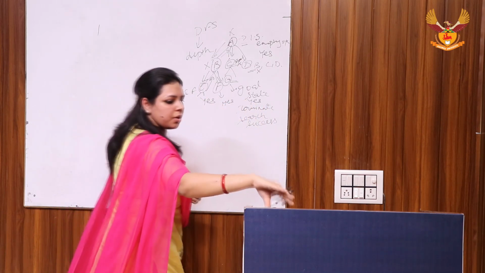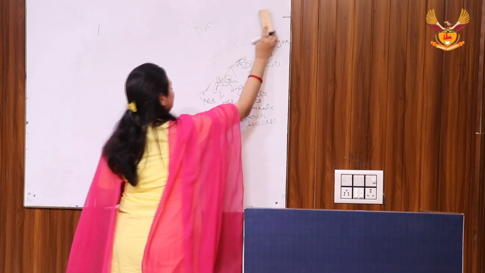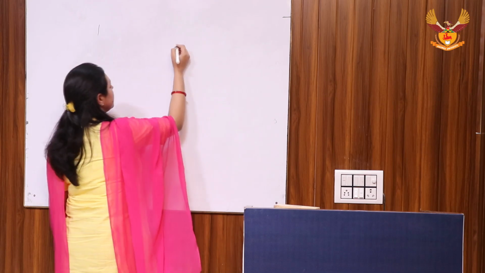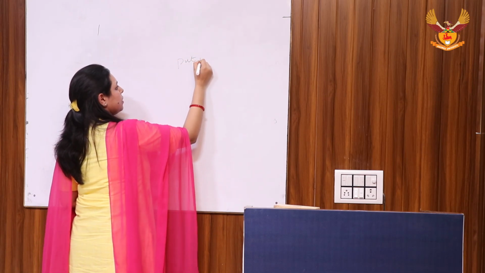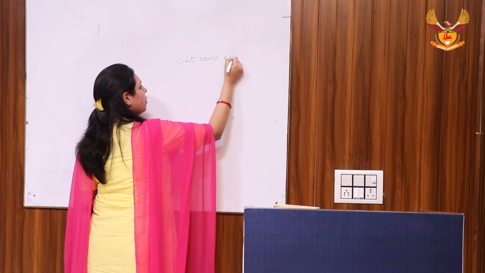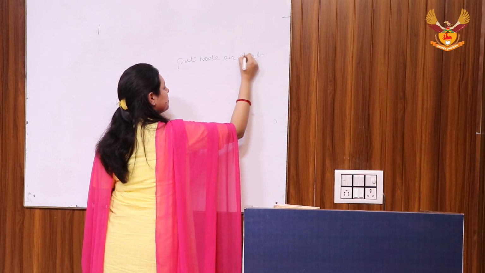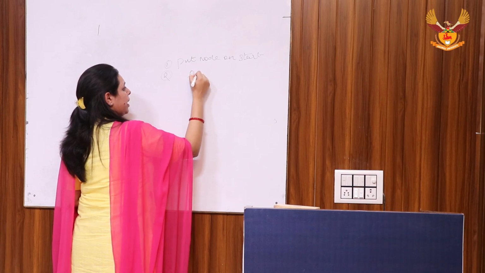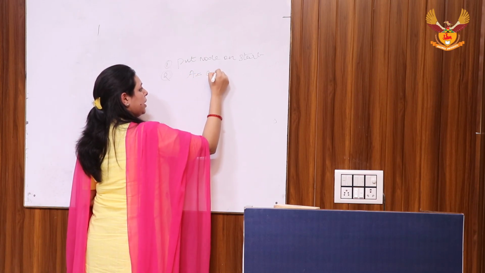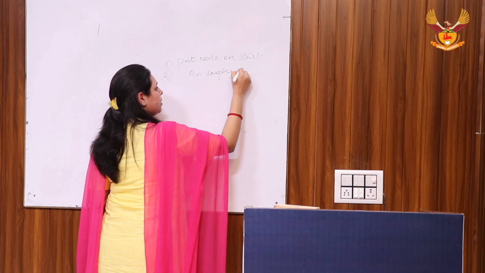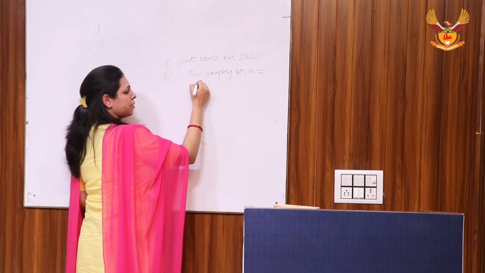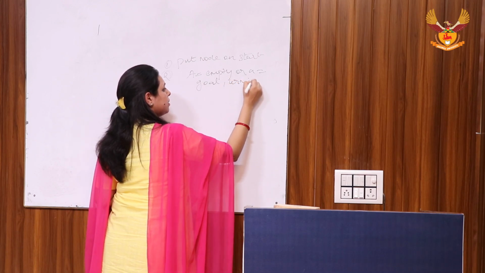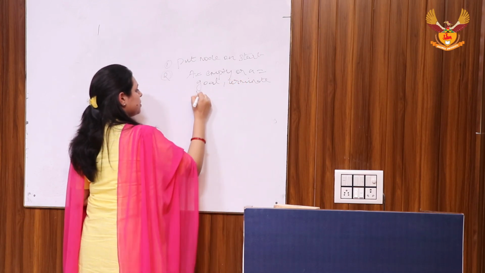Now for the algorithm of DFS: first, you put the node on the start list. Second, if A equals empty or if A equals goal, then terminate the search.